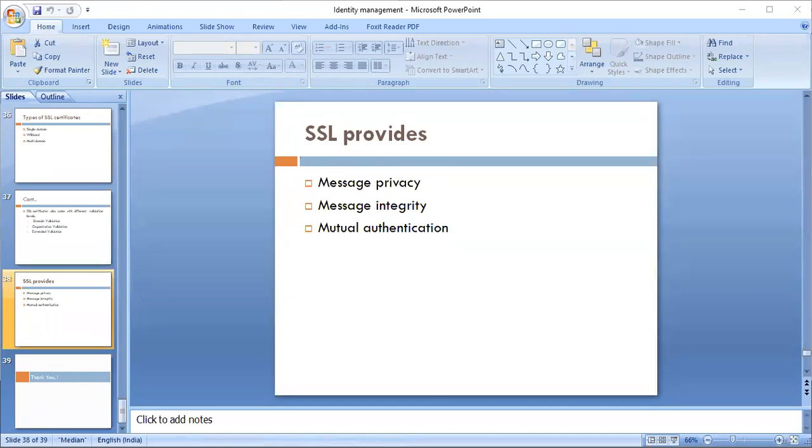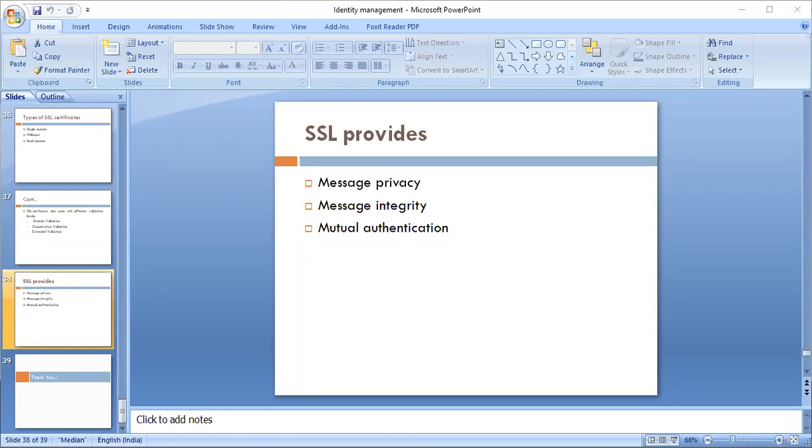The handshake establishes a session key and an encryption algorithm between both the parties prior to any messages being sent, to ensure that the connection is secure. So SSL first performs the handshake mechanism, with which message privacy is ensured.